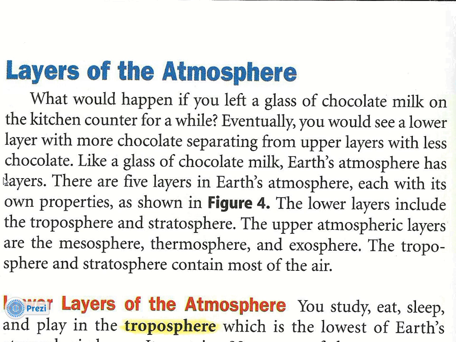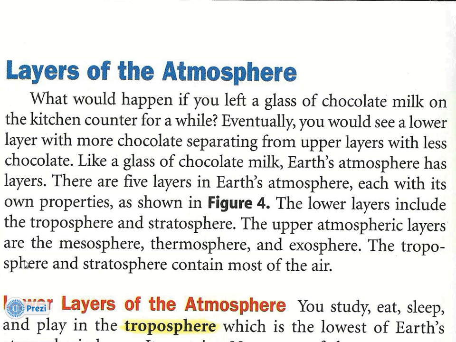There are 5 layers in Earth's atmosphere, each with its own properties, as shown in Figure 4. The lower layers include the troposphere and stratosphere. The upper atmospheric layers are the mesosphere, thermosphere, and exosphere. The troposphere and stratosphere contain most of the air.